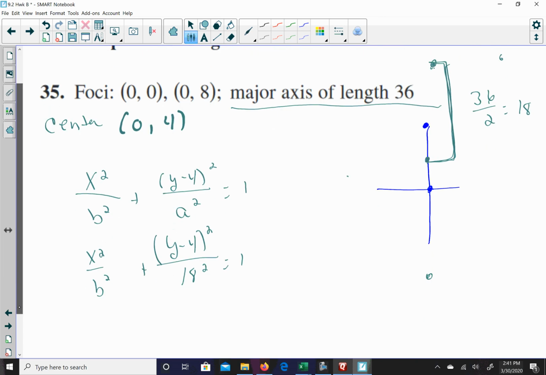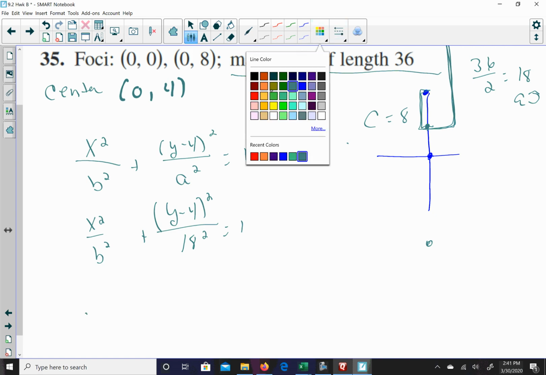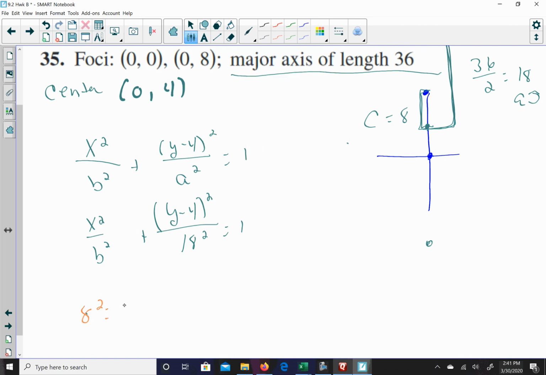So now to find b squared, I have my a is 18. My b, I don't know. My c is the distance from my center to my foci, which is going to be 8. So I'm going to say c squared, which is going to be 8 squared, is equal to a squared, which is 18 squared, minus b squared.